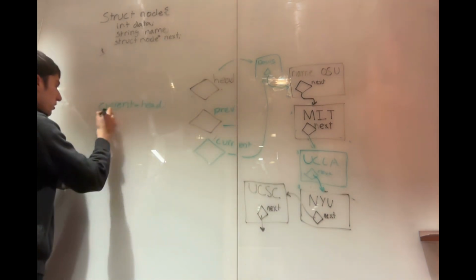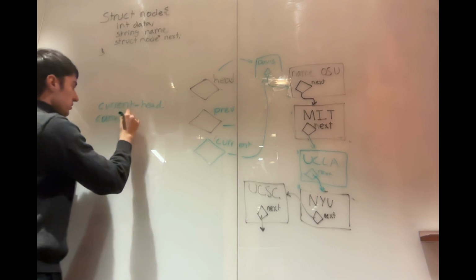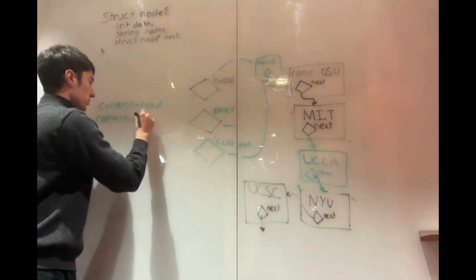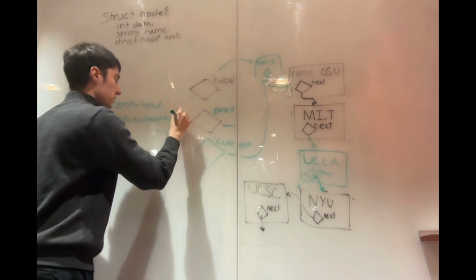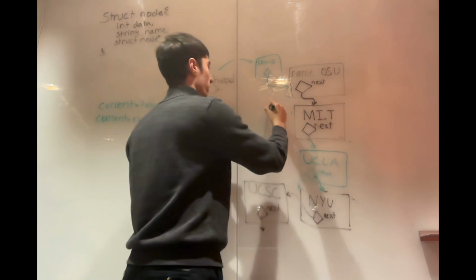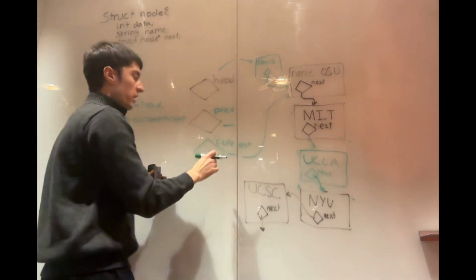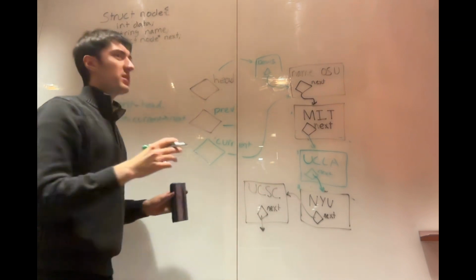Okay, so current equals current next. So then that just goes down the train. Now it hits here. And then we're going to keep doing that, bam, bam, bam, bam, bam, until we hit null. Now, how do we test for null?